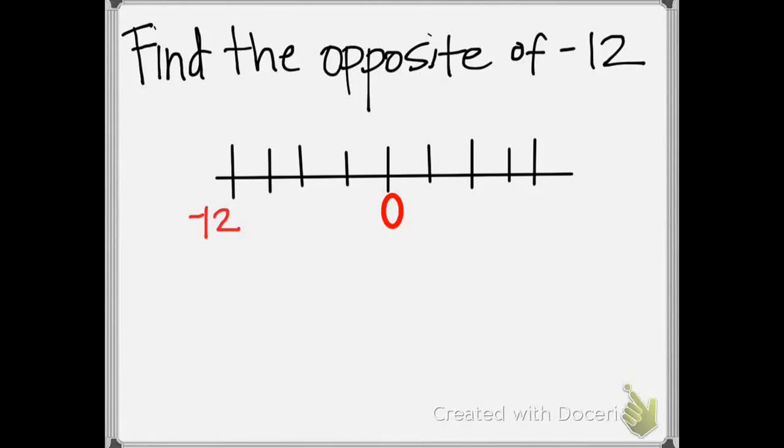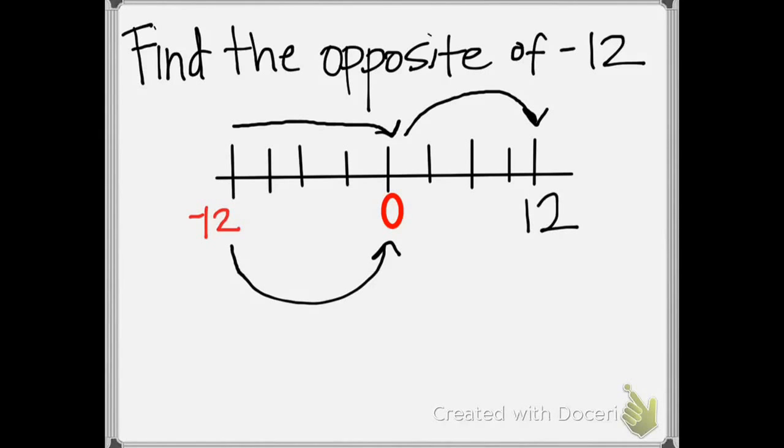When you're looking for the opposite of -12, you are wanting to find how far the distance is from -12 all the way to 0. So how far did we travel here? We traveled 12 spaces. And so if we traveled 12 spaces from -12 to 0, we have to travel the same distance from 0 to, this would be +12.